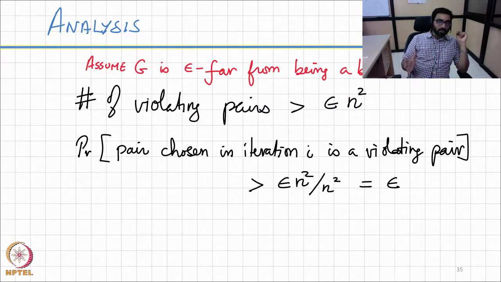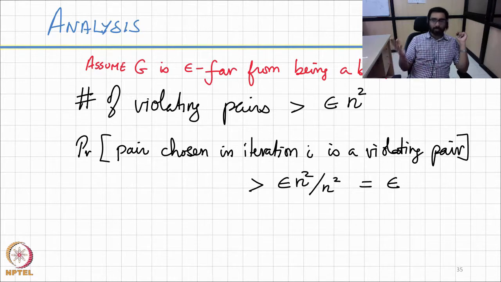And so now let's see what happens. We need to ensure that the probability with which we reject such a graph is at least a half. Okay, so let's see how this can work out. What is the probability? Let's focus on one iteration i. What is the probability that the pair chosen in that iteration i is a violating pair? Well, there are a total of n choose 2 pairs that we can choose from.